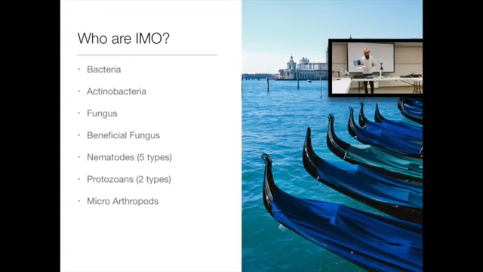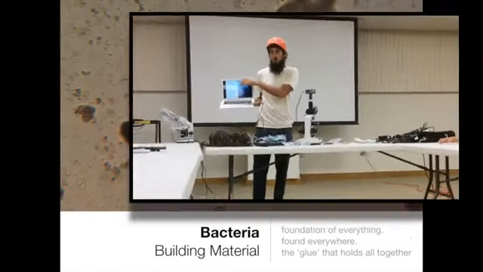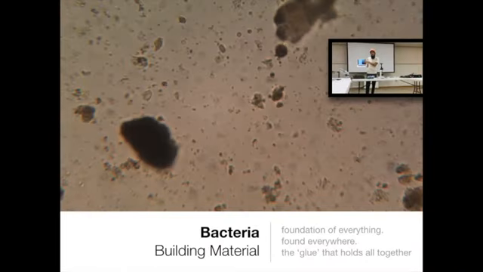So what I'm going to do right now is show you some pictures of the guys that we're looking at, and then we'll put this live through here to look at what we have. So in the IMO and in soil samples, we're looking at about 8 different creatures and life forms in there.